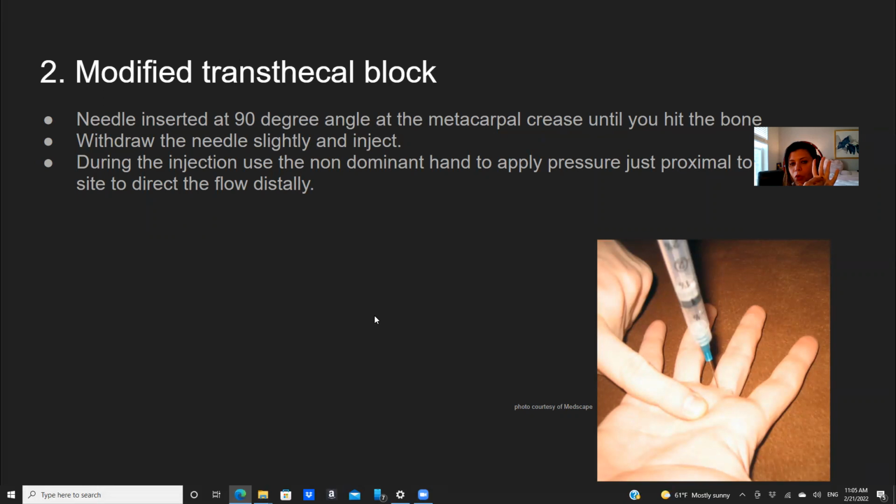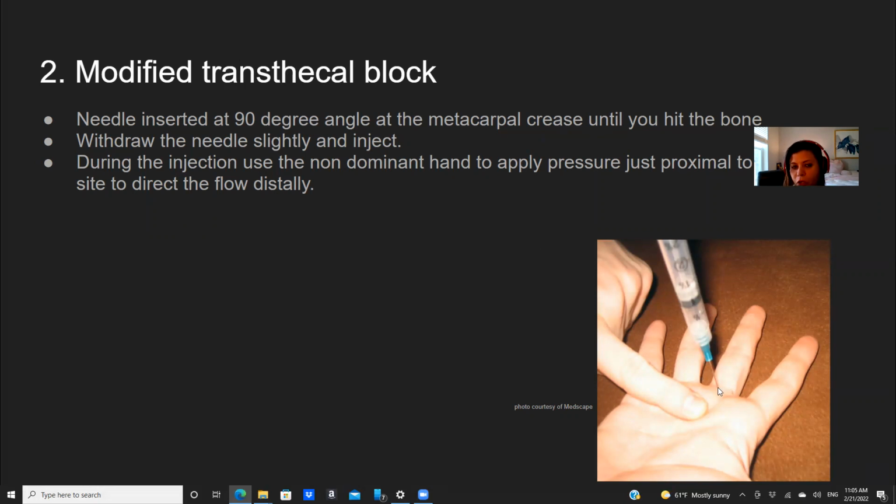And once you hit the bone, just withdraw the needle maybe a millimeter or 2. And then you go ahead and slowly inject. And you use your non-dominant hand to apply pressure just proximal to where you're injecting. And that will force the fluid to go distally instead of moving proximally. Just like this picture right here.